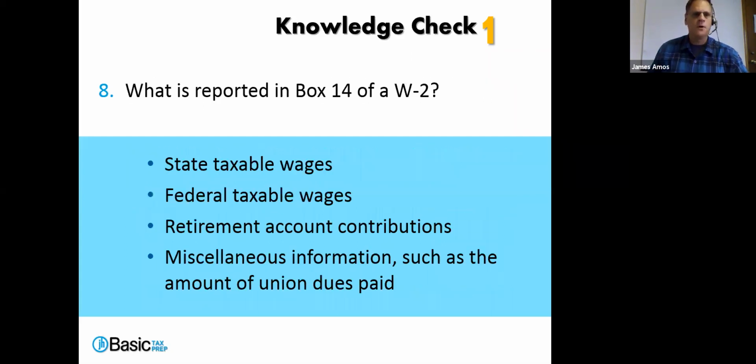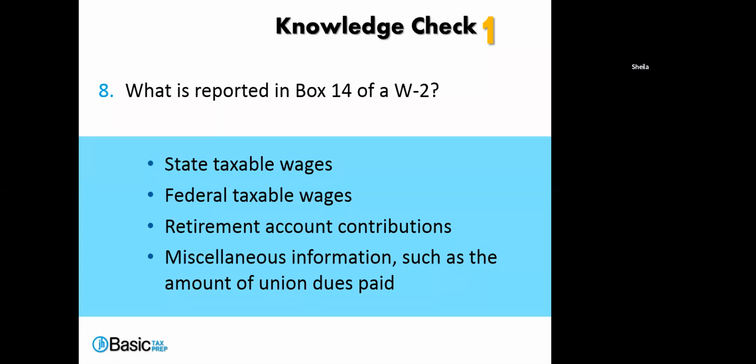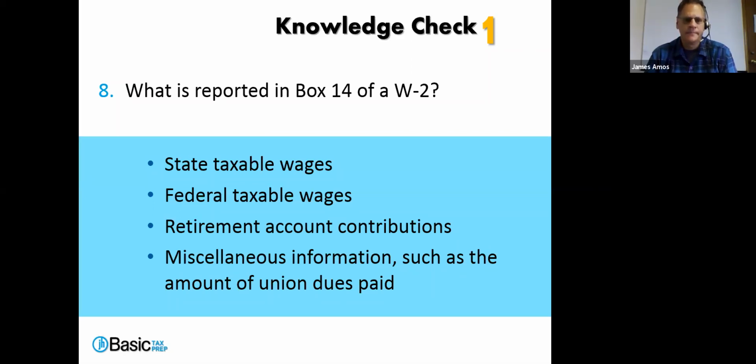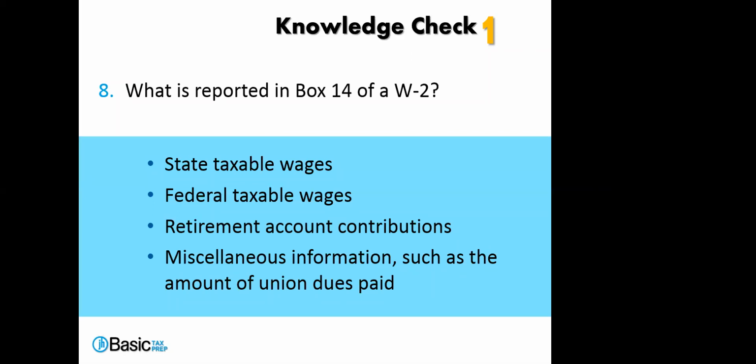Okay. So what is reported in box 14 of a W-2? State tax. Let's do this together. State taxable wages, yes or no, everyone? No. You're correct. Federal taxable wages? No. Okay, where is state taxable wages reported on a W-2? Does anyone have one in front of them that they can remember what box number that is?